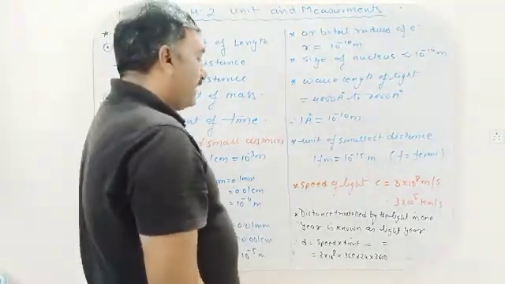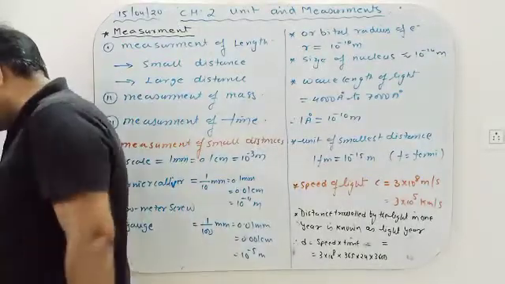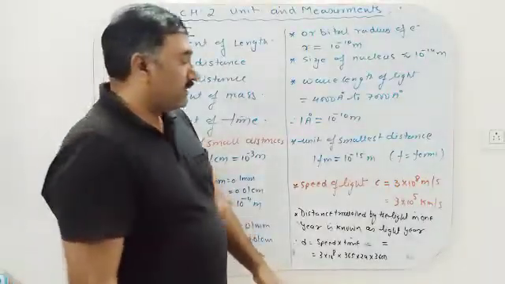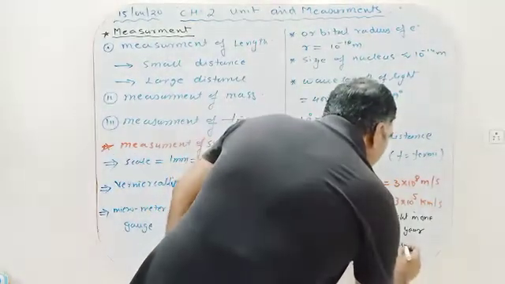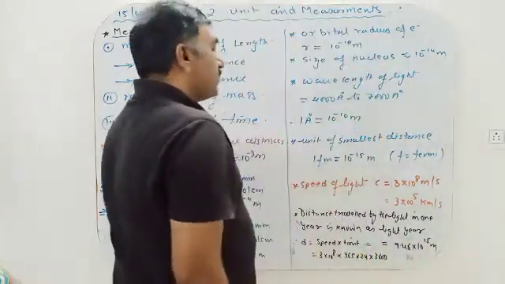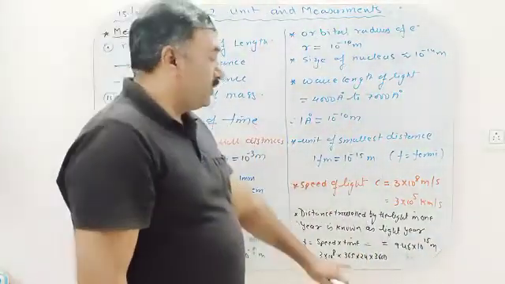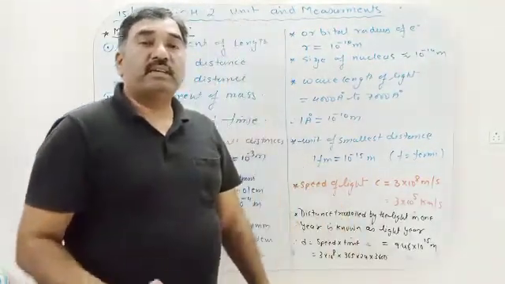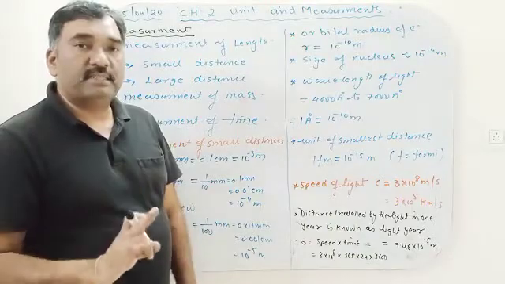So what is 1 light year? It is the distance traveled by light in 1 year, and its value is 9.46 into 10 raised to power 15 meter. So this is not a small unit. Remember that a light year is not a unit of time, but a unit of distance.